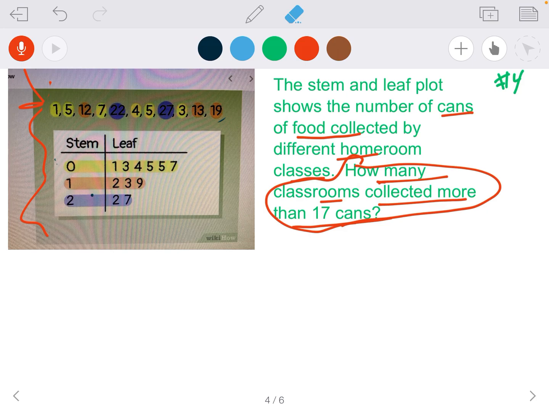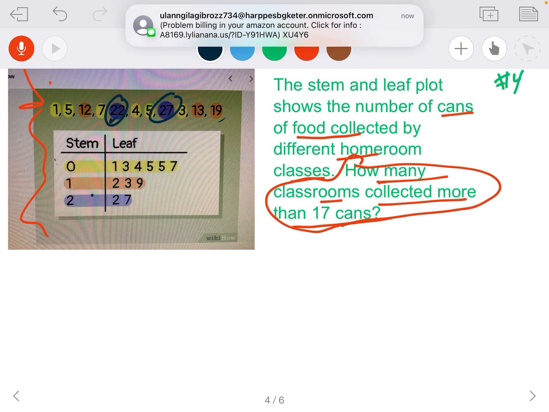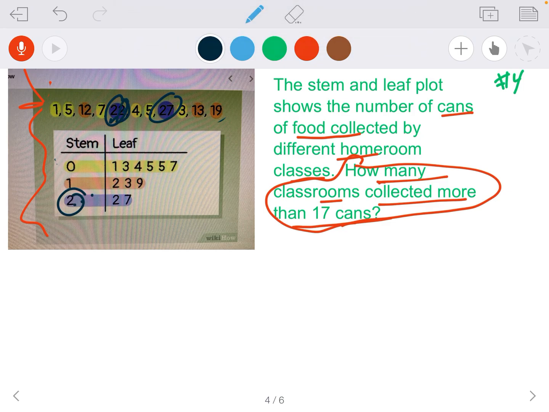And then lastly, I have some 22s here, and I have a 27. So the first digit is a 2, so that's going to be my stem, and then I take my second digit of a 2 here, place it here, second digit of a 7 there, place it here. So that's how you make the stem and leaf plot graph.